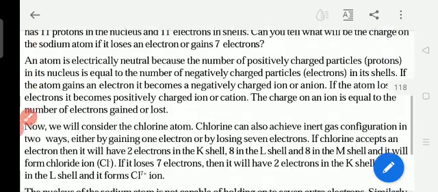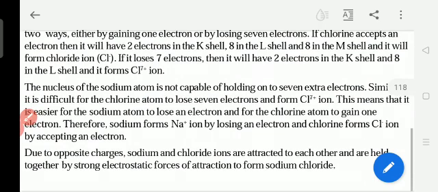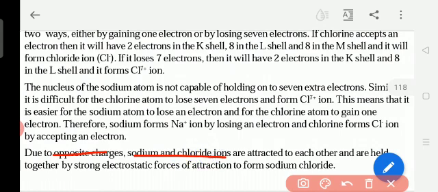That is why it gains 1 electron. When it gains 7 electrons, it becomes very difficult for the nucleus. When it loses 7 electrons, the nucleus becomes very difficult. That is why it is very easy to lose 1 electron and to gain 1 electron.